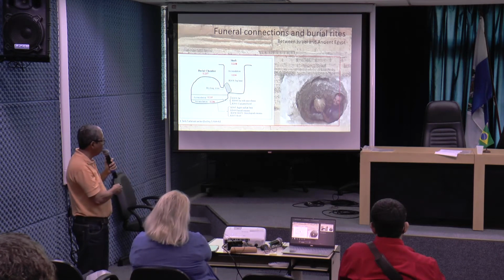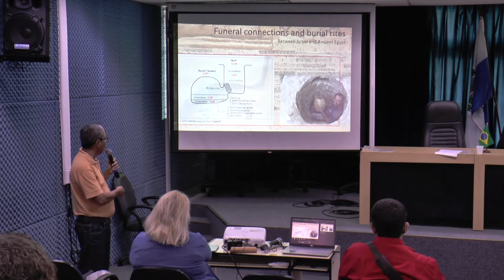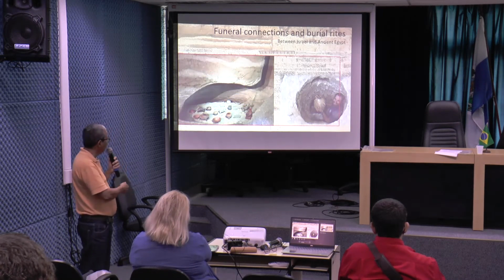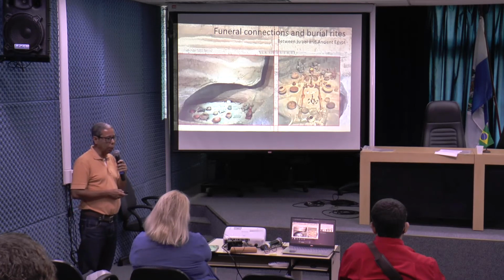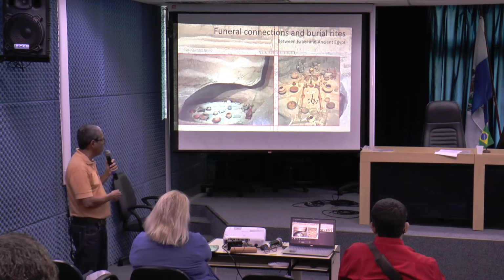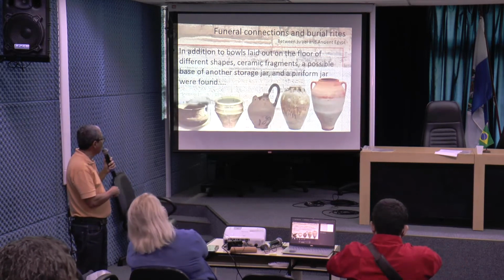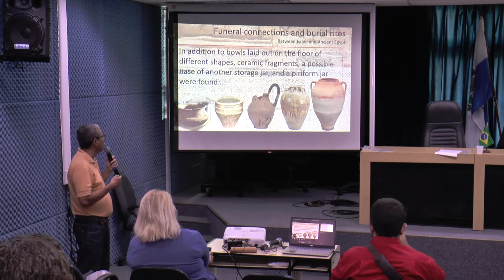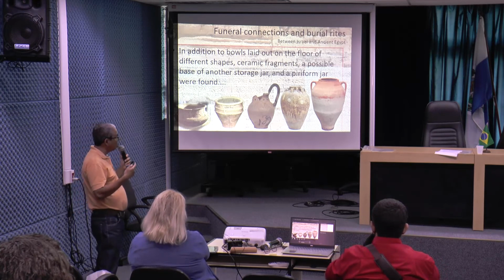And this is the archaeologists taking the storage jar out from there. This is a reconstruction of the chamber inside and how they buried the people, surrounded by ceramic assemblages. In addition to bones laid down on the floor, different shapes were found: ceramic fragments, a possible base of another storage jar.